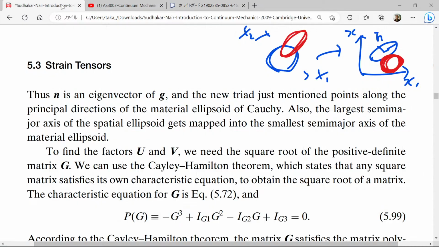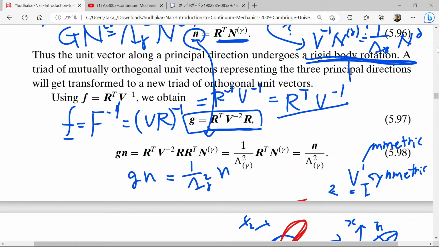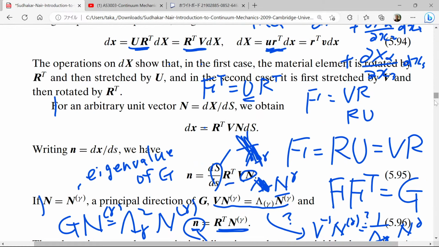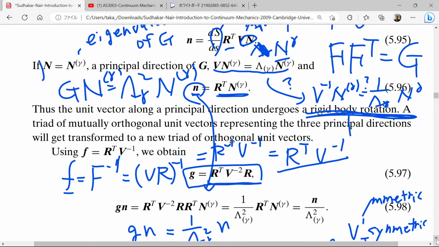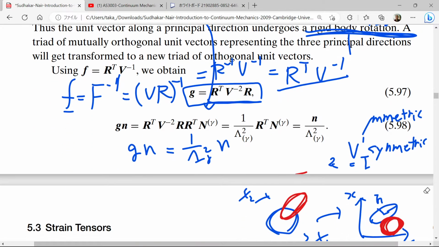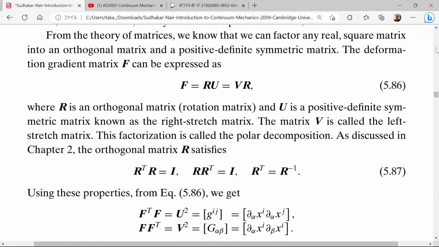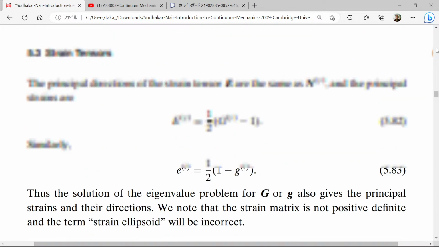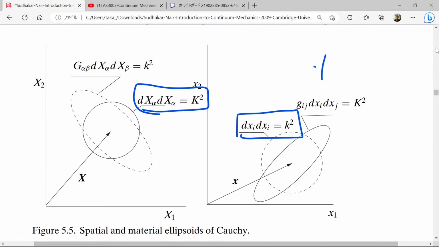I got confused. I think we consider only spatial.